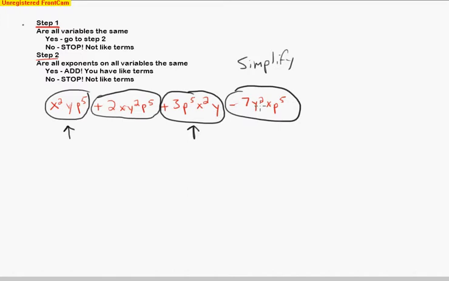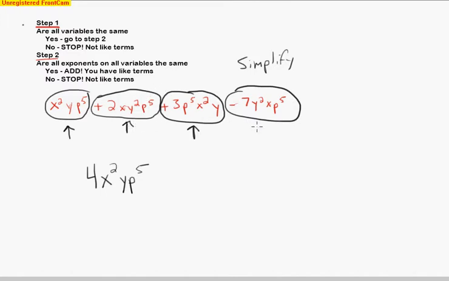So the 4th term is not a like term with the 1st and 3rd. So we have 1 x squared y p to the 5th, and we have 3 more x squared y p to the 5ths for a total of 4 x squared y p to the 5ths.